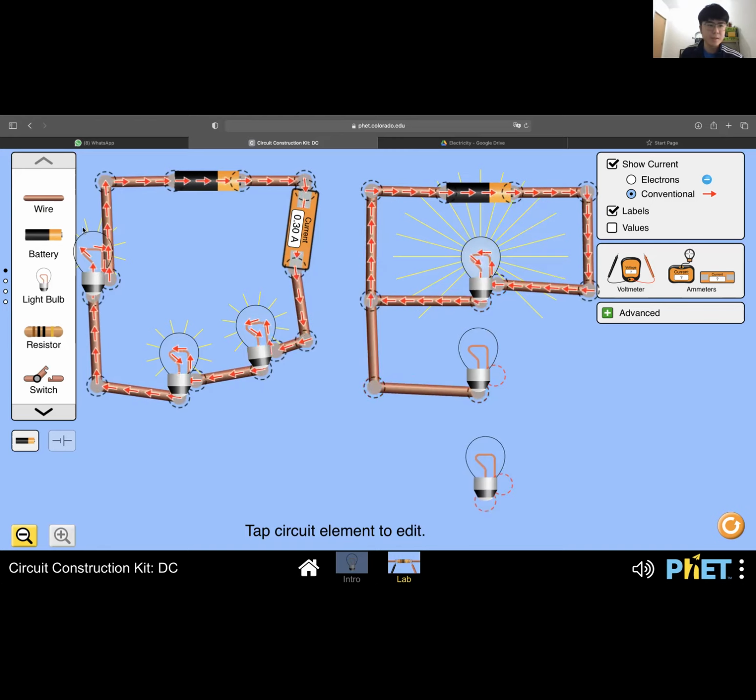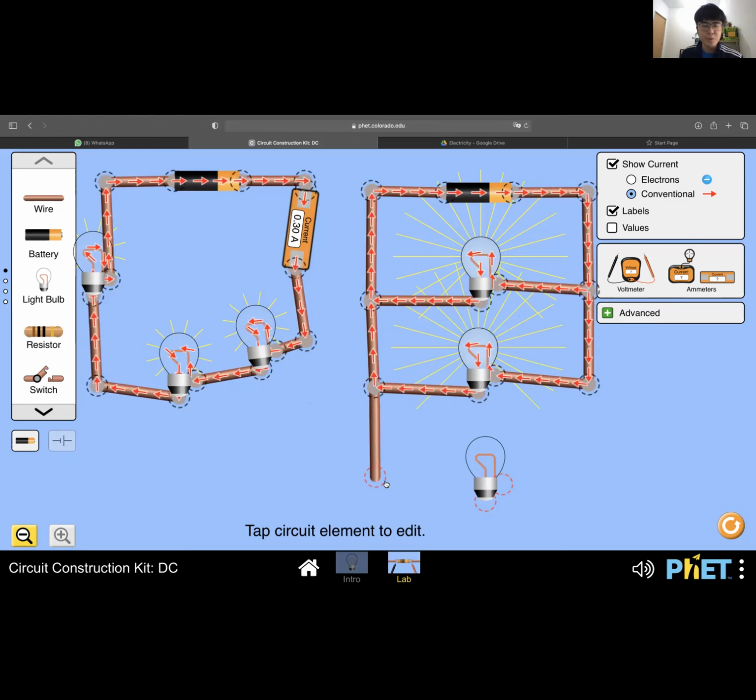You can see there are points where the wire branches out into 2 wires, like this point here, where 1 branches out into 2.